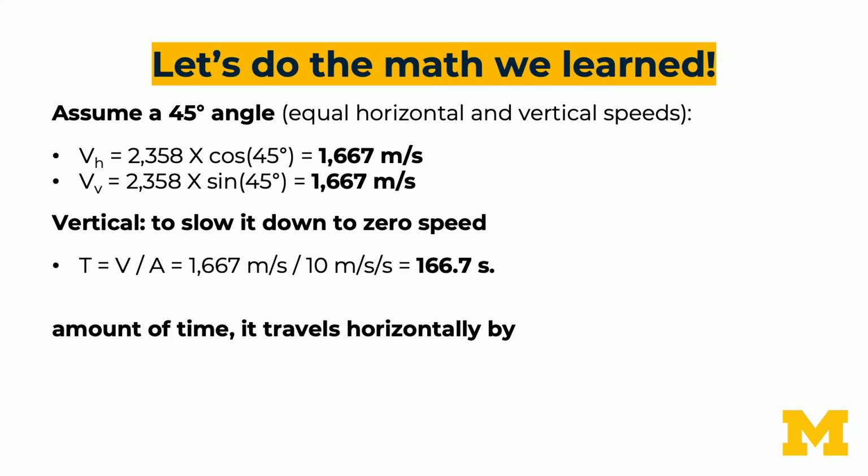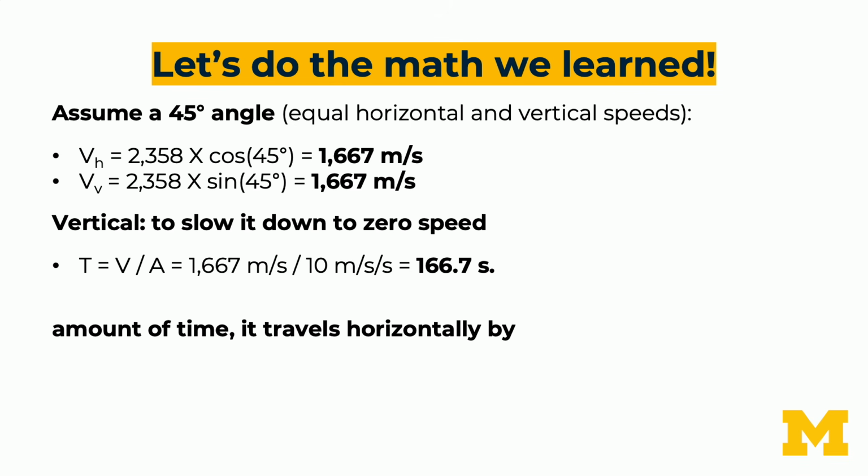To do that, we calculate the time, which is the vertical velocity divided by Earth's gravitational acceleration, which is slowing it down the entire way. So it starts off going very fast, and then it slows and slows and slows. It eventually reaches zero, and then it accelerates back down.